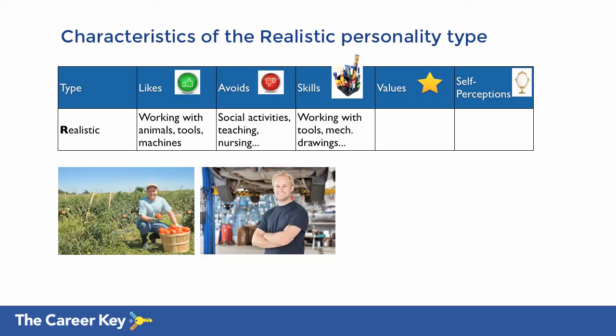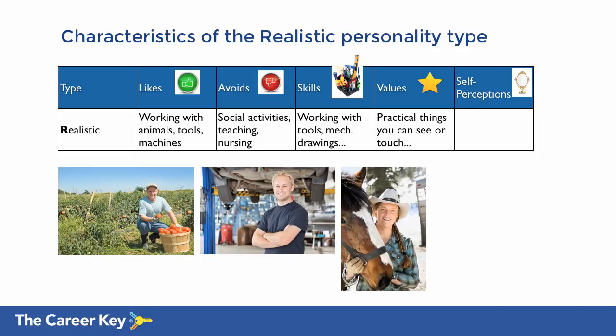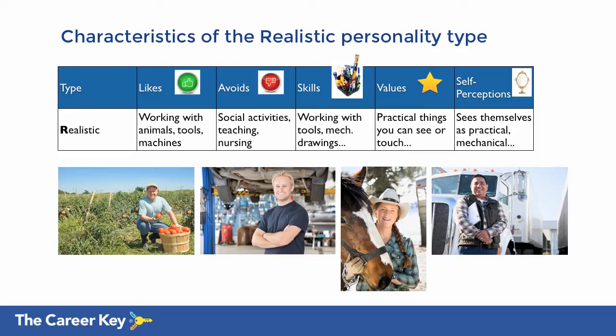They have good skills in working with tools, mechanical drawings, machines, or working with animals. They value things you can see and touch, like plants and animals you can grow, or things you can make, can build, or make better, and see themselves as practical, mechanical, and realistic. You can read the characteristics of all 6 types on the Career Key website, careerkey.org.